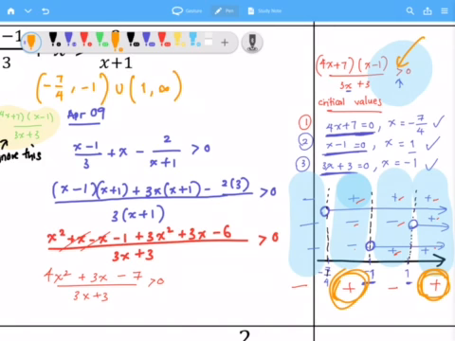Your final answer will be from negative 7 over 4 to negative 1. We don't include that value. Then 1 until infinity. Done.